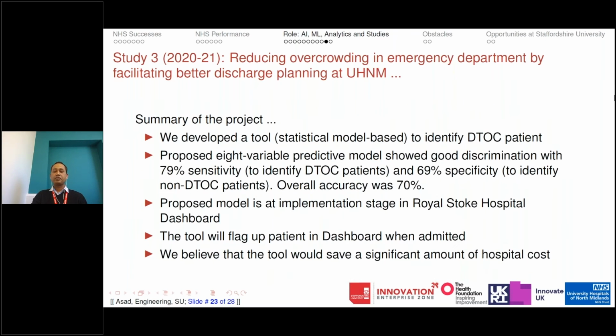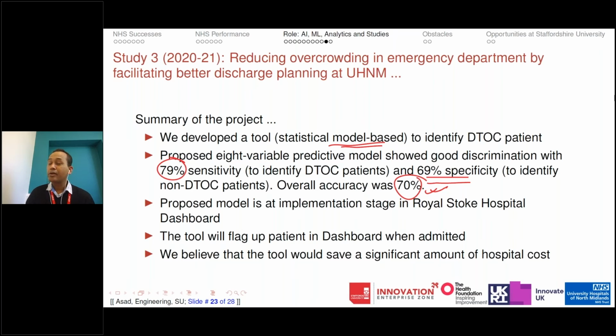And we have developed a statistical model based tool, and the tool is working with overall 70% accuracy, and it is able to identify almost 80% of the patients who are going to be delayed transfer of care, and 69% who are not. That's why the overall percentage is slightly low, 70%.